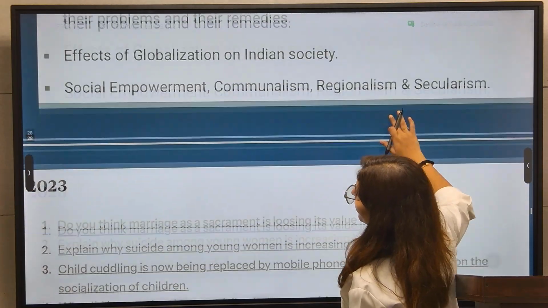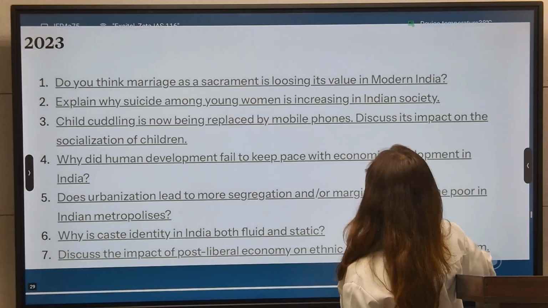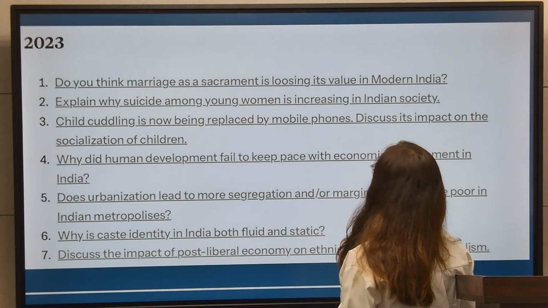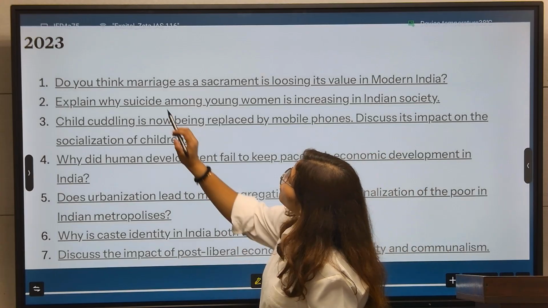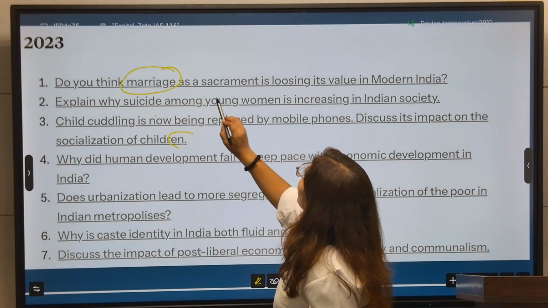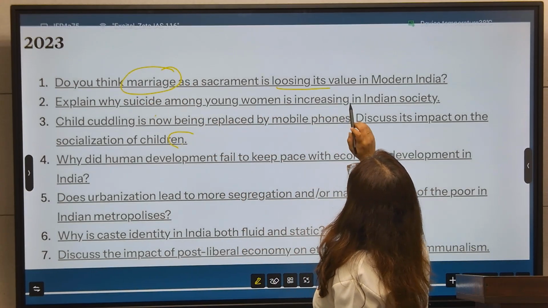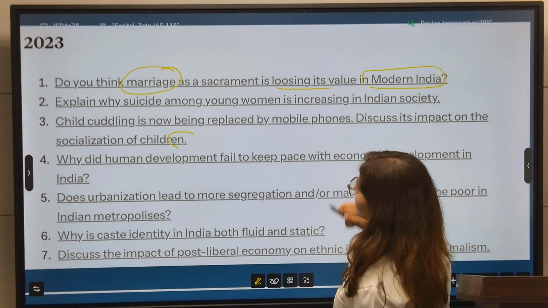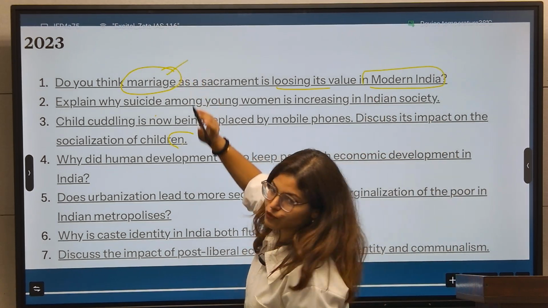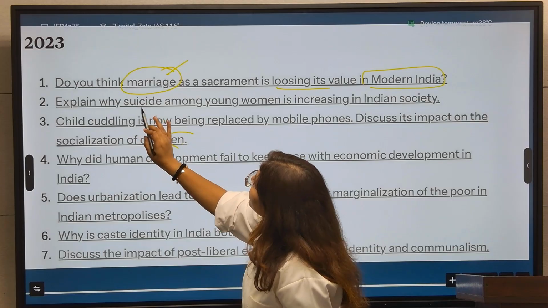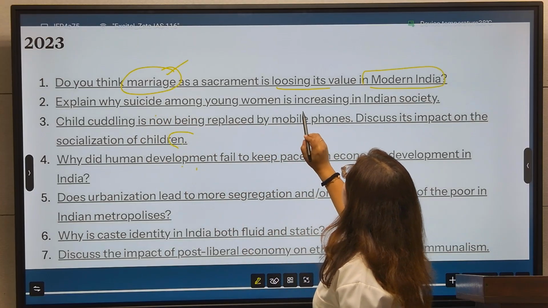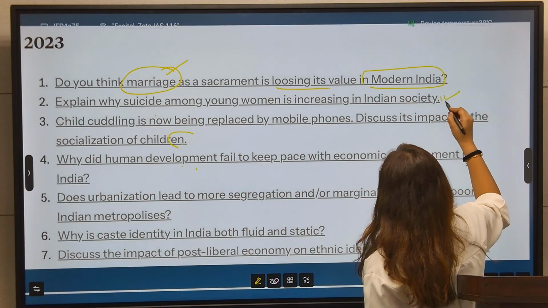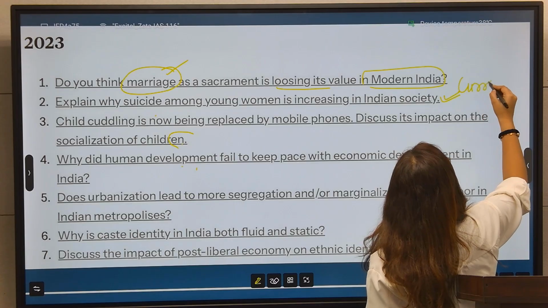Now, see the questions. In 2023: do you think marriage as a sacrament is losing its value in modern India? So, the question is on marriage. Explain why suicide among young women is increasing in Indian society. So, current plus static.